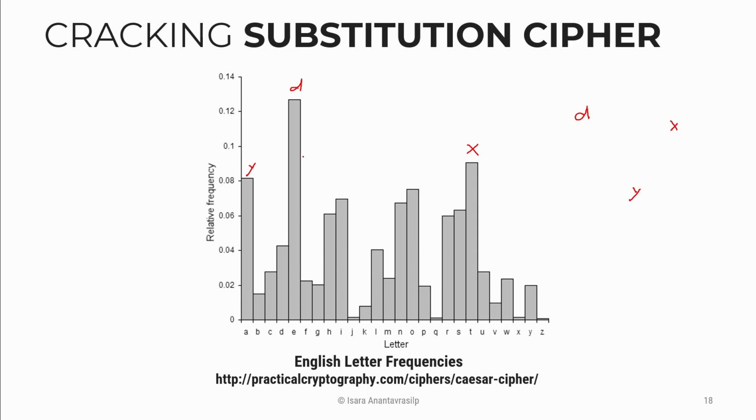And then with this frequency method, you can guess the mapping, like D could be E and Y could be A and so on. And well, it works. Therefore, today, we don't use Caesar cipher anymore.